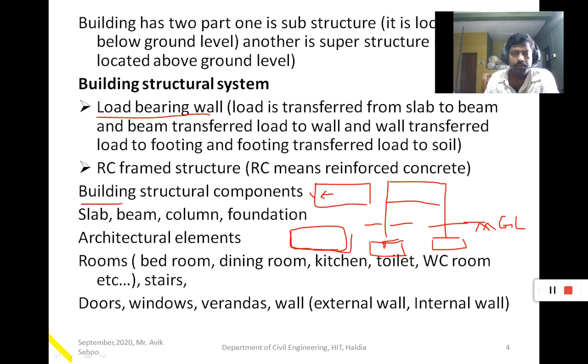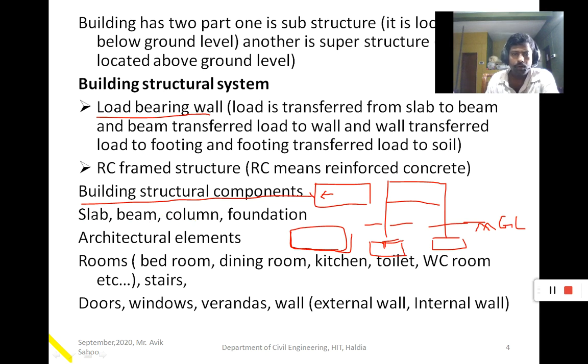Now here the building structural components are considered. So you know that slab is a horizontal member and a two-dimensional member, and this is a beam. Slab is generally raised over beam, slab is supported by beam, and the column is a vertical member which carries the load.